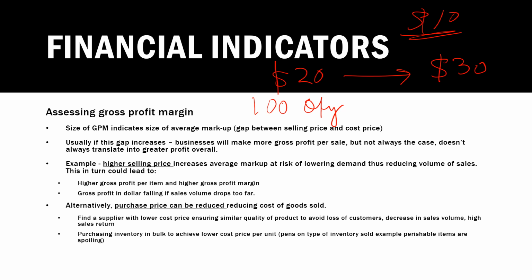So we'll probably sell only about 50 quantity at this price. What's happened is, yes, while per item I've increased my average markup, which is going to be higher gross profit per item and higher gross profit margin when I calculate using the formula, my gross profit in dollars is falling.